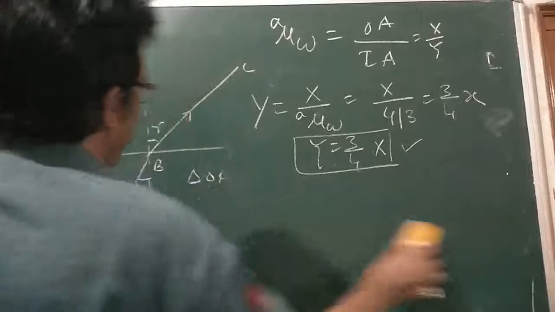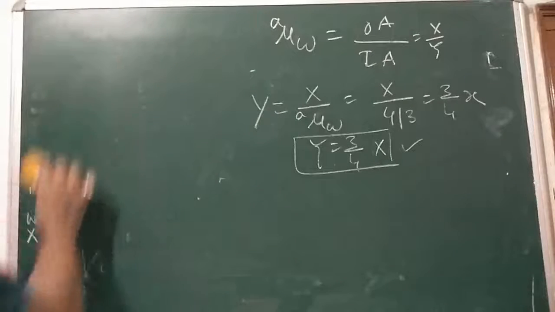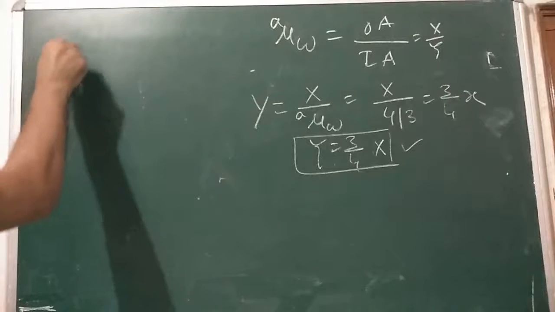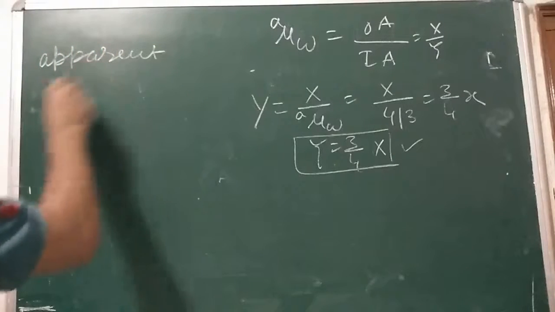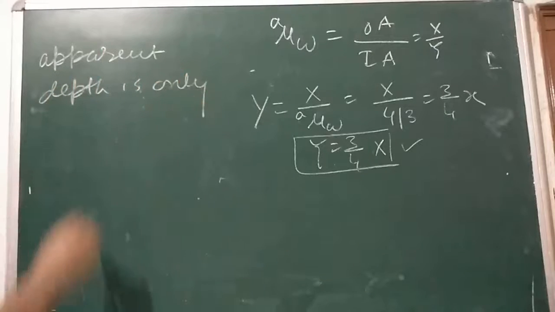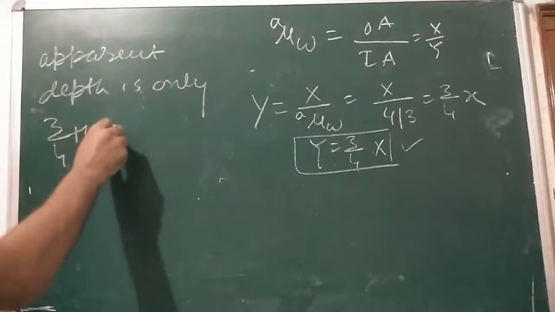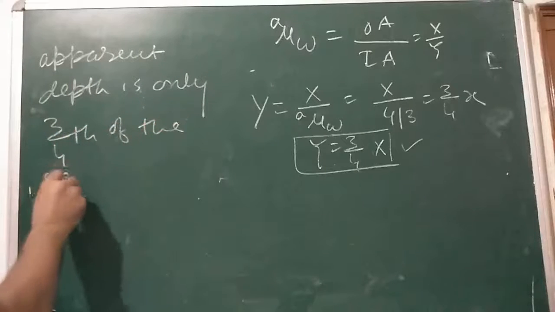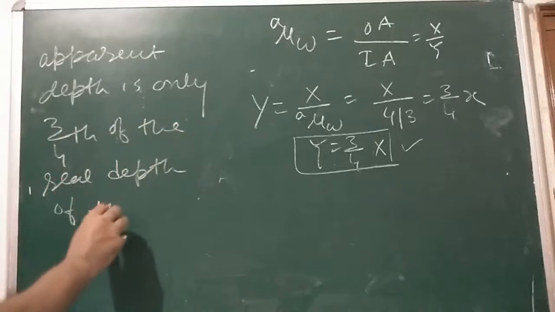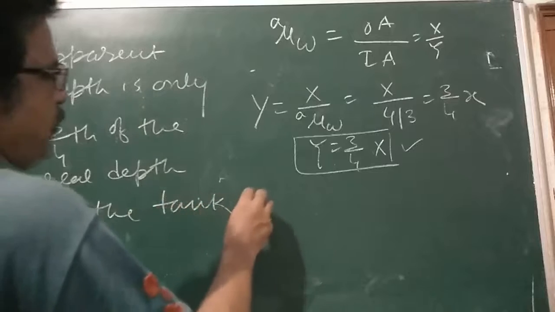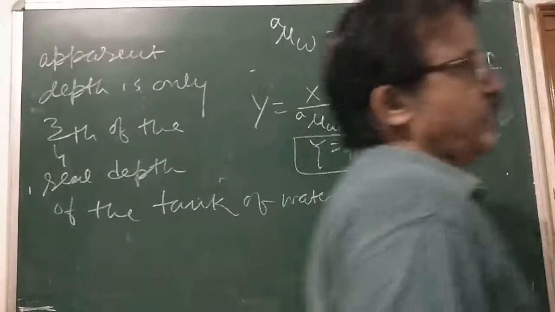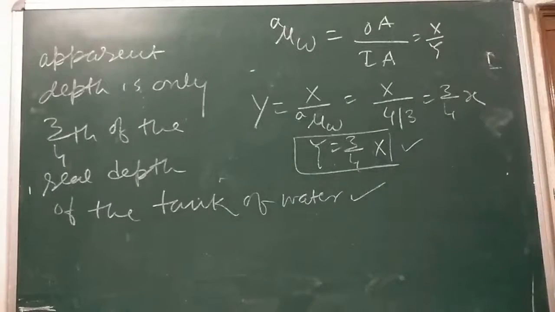So I can say, dear children, the apparent depth is only 3/4 of the real depth of the tank of water. Is it clear? So write down, dear children, I can say like this.